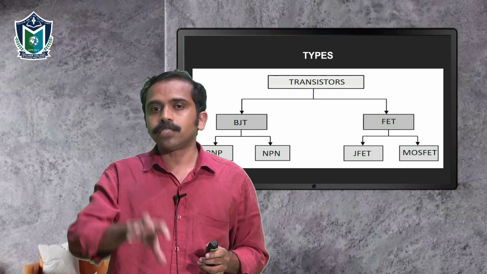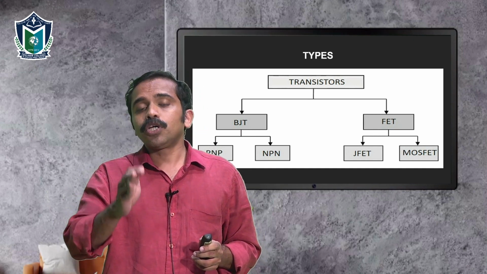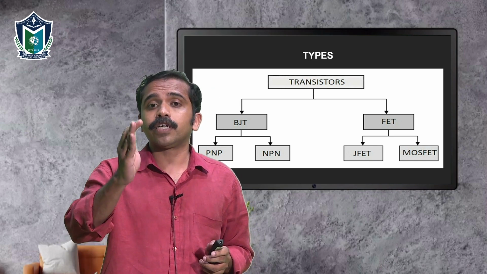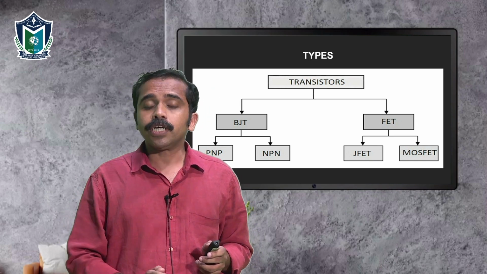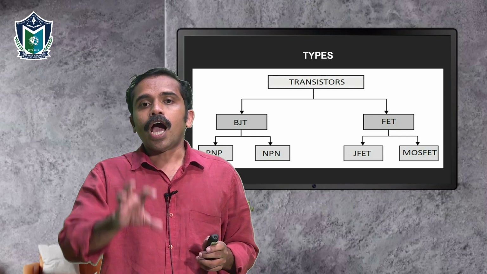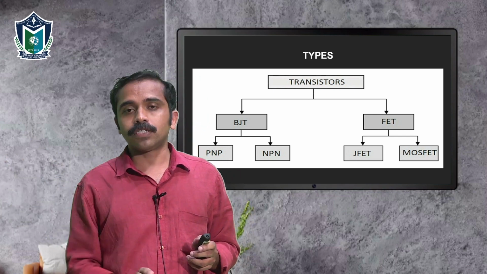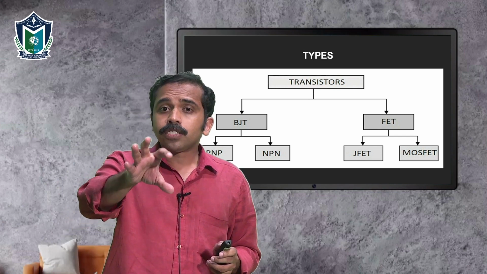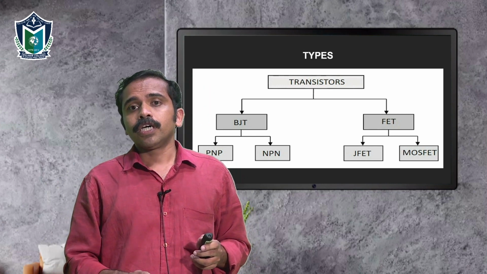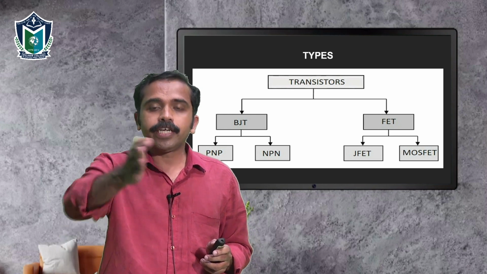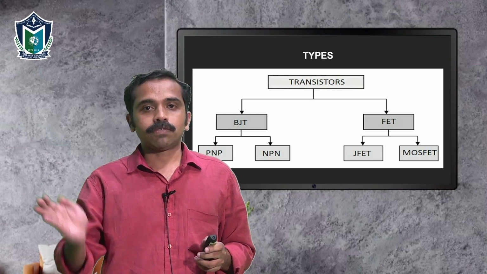This particular classification is absolutely based on the nature of the control terminal, that is the gate. In JFET, there is a junction at the gate terminal, so the name junction field effect transistor. As far as MOSFET is concerned, there is a metal oxide insulator layer at the gate, so the name MOSFET.